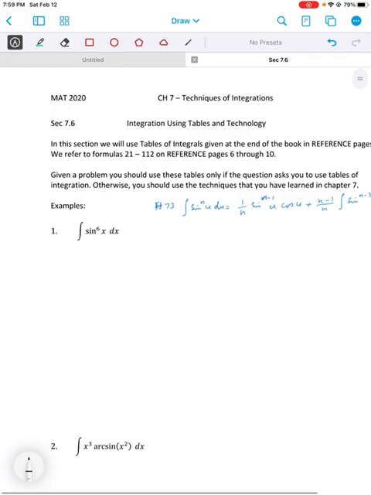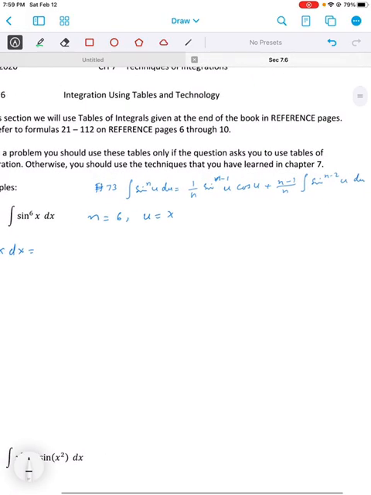So let's see how we can apply this on our function. In our case, you can notice that our n is 6, and in place of u, we have x. So this integral of sine to the 6th of x dx will become 1 over n, which means 1 over 6 in our case, sine raised to the power 5 of x times cosine of x, plus n minus 1, which is 5, so 5 over 6 integral of sine to the 4th of x dx.